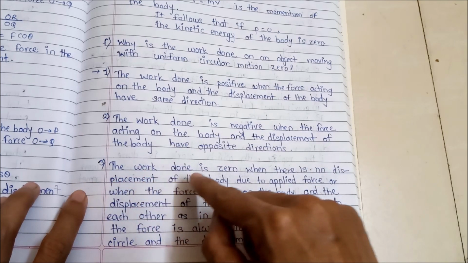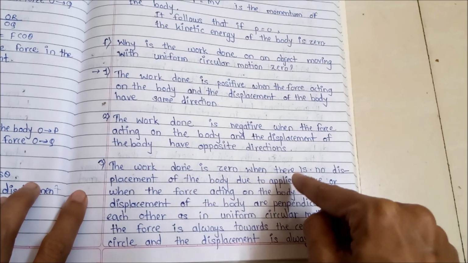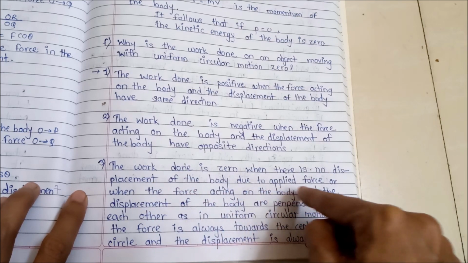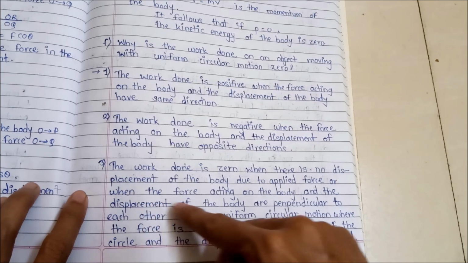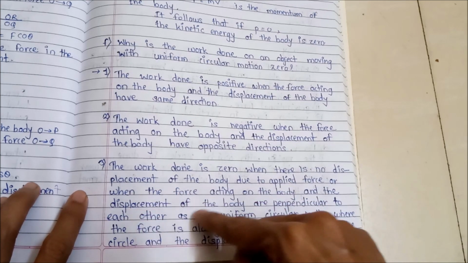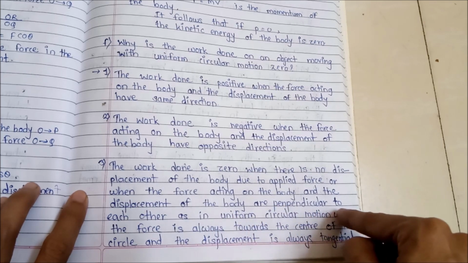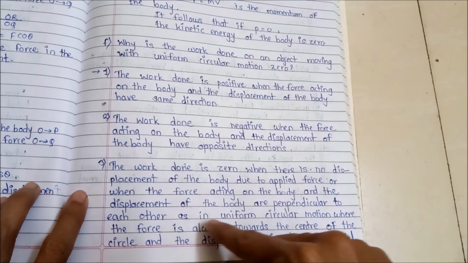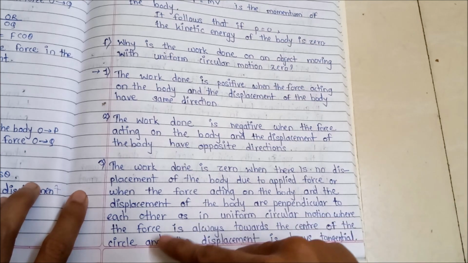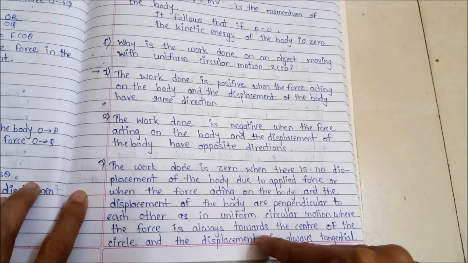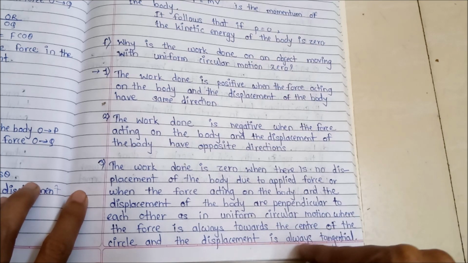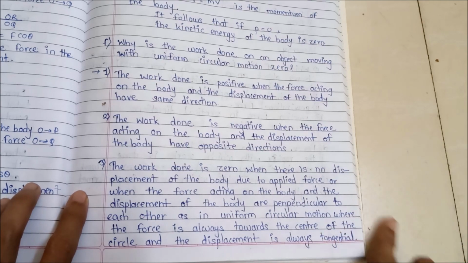Third, the work done is zero when there is no displacement of the body due to applied force, or when the force acting on the body and the displacement of the body are perpendicular to each other, as in uniform circular motion, where the force is always towards the center of the circle and the displacement is always tangential.